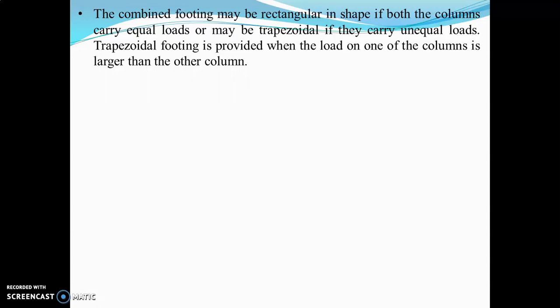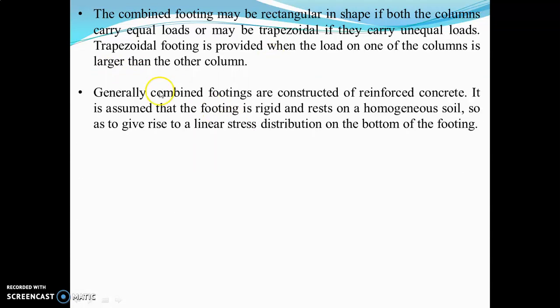If the columns carry equal loads, then you can go for rectangular footing. If the columns carry unequal loads, then you have to go for trapezoidal combined footing. Trapezoidal footing is provided when the load on one column is larger than the other. Generally, combined footings are constructed of reinforced concrete.